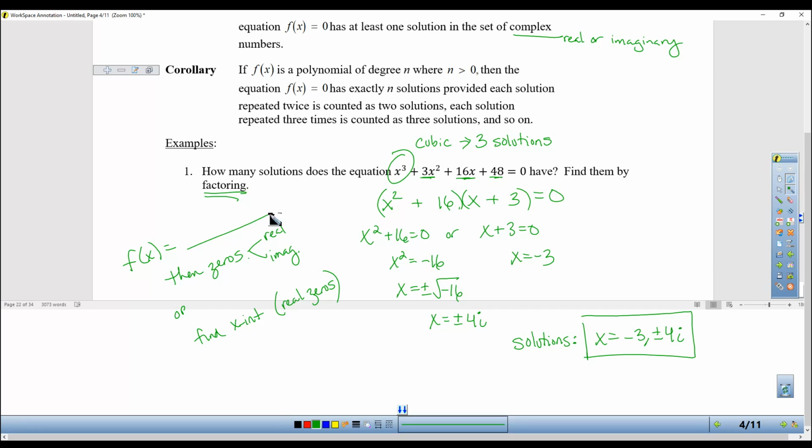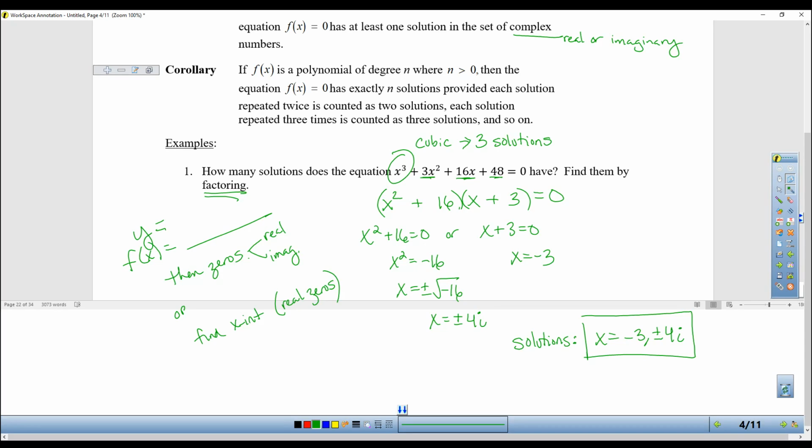This one is f of x, or y is equal to. This one is an equation. There's nothing that says it's a graph. You could make it a graph by calling it y, but instead it's just saying, look, I've got an equation. When is this equation equal to 0? Well, when x is equal to -3 plus or minus 4i.